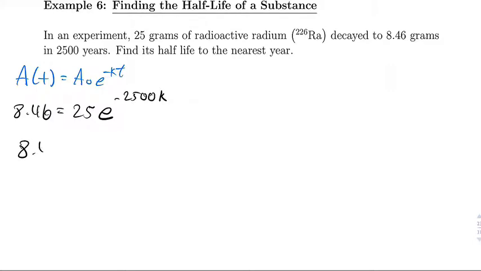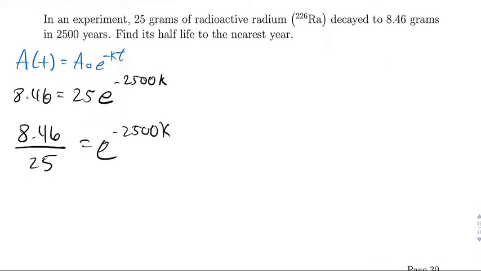So we'll get 8.46 divided by 25 equals e to the negative 2,500k. So to get that out of the exponent, can you guess what we do? Take the natural log of both sides. So we'll take the natural log of this, natural log of this. The exponent is going to go in front of the log, and natural log and e cancel because they're inverses of each other.